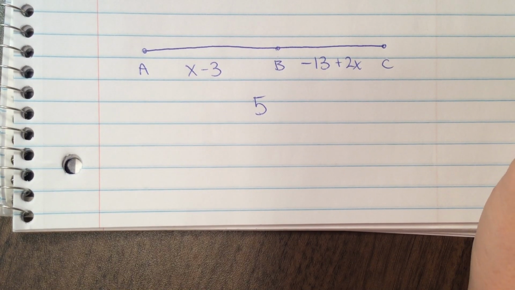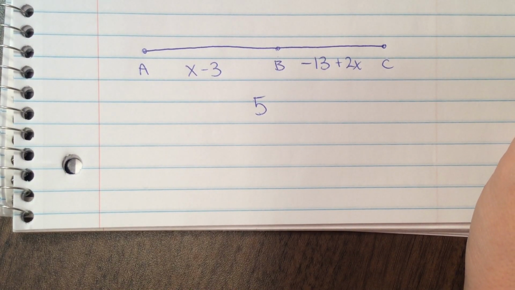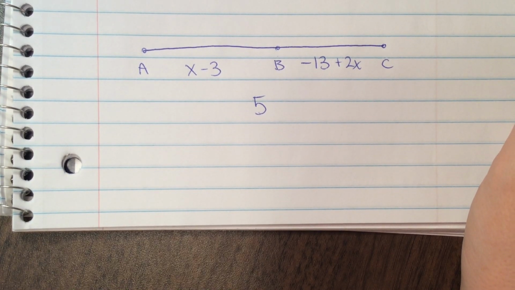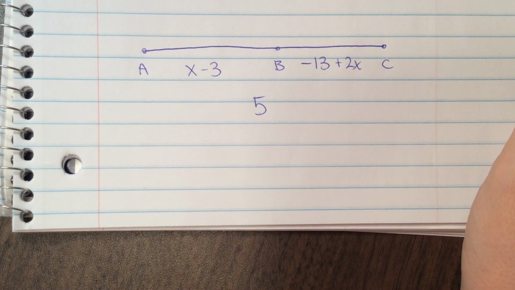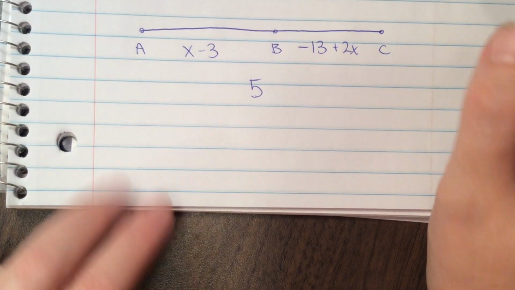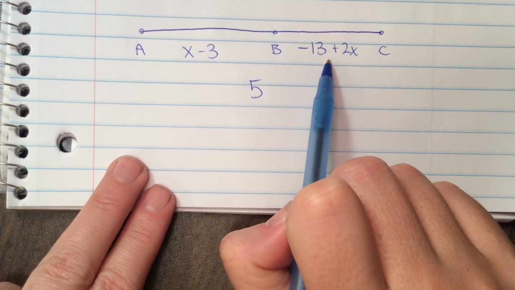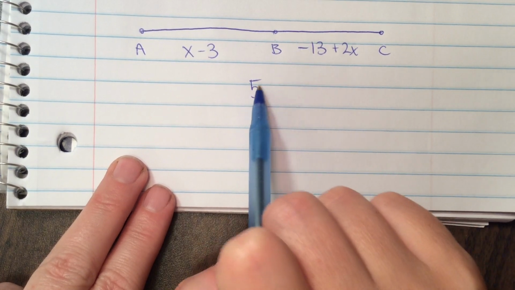Well, it doesn't say how they lie. Okay, I guess this is it. So we're going to take this plus this, and it's going to equal 5.